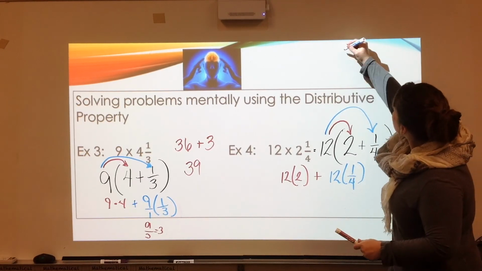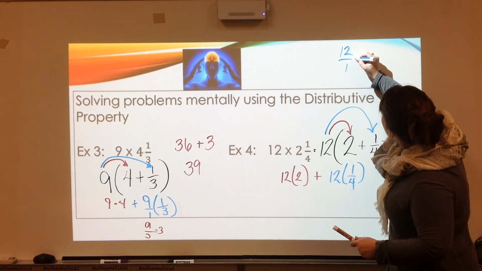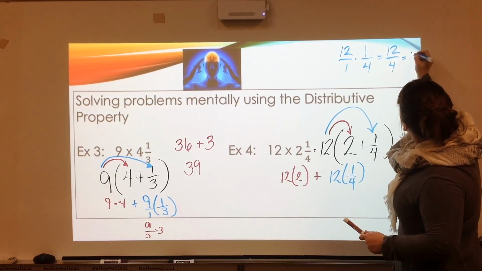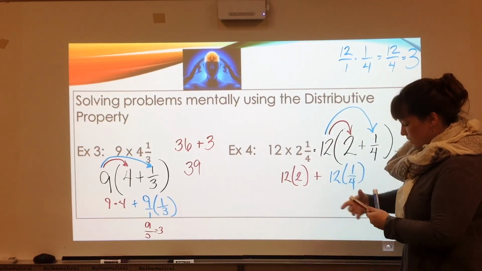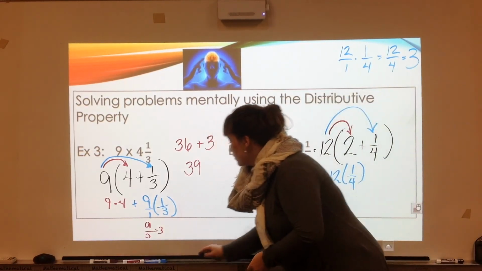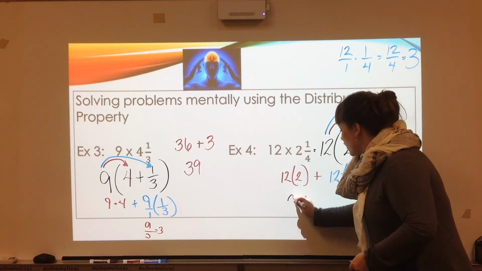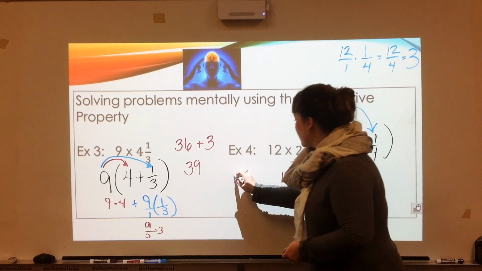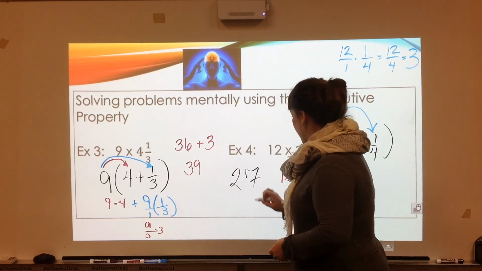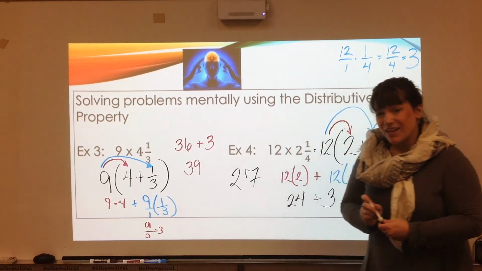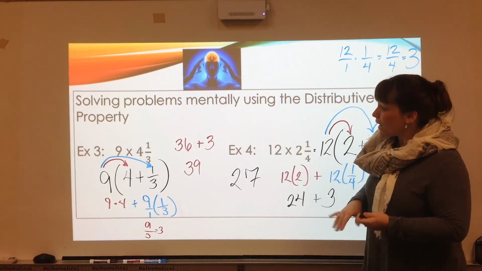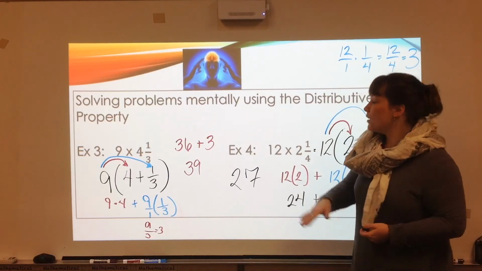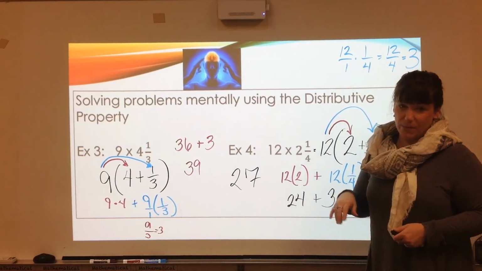So if you want to see, remember with fractions, we're going to have 12 over 4, which is 3. So all of this boils down to 24 plus 3. So we have our answer of 27. Put a box around this one. And those are two examples of how we can solve problems mentally or easily with the distributive property.